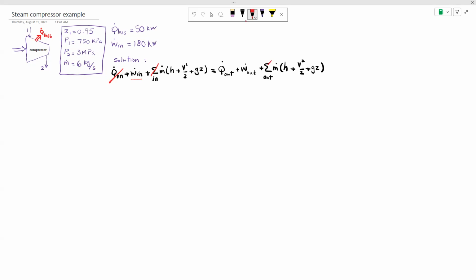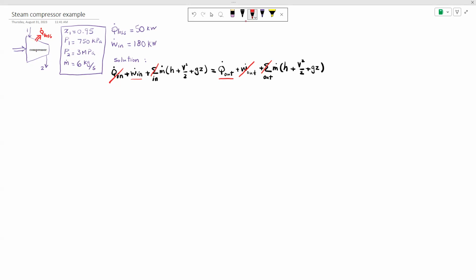Then let's get to the terms on the right-hand side. It is a compressor, so it does not generate any type of work. So this is 0, but in this case, we do have some heat loss. So we'll keep this term here.